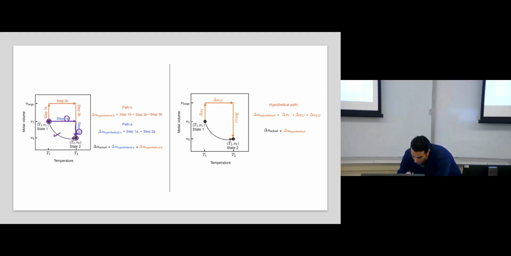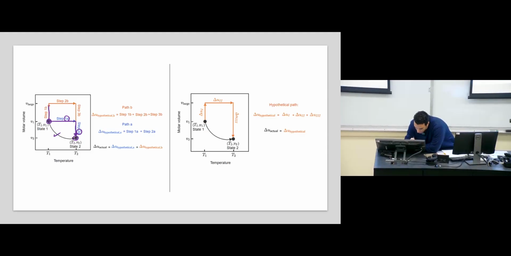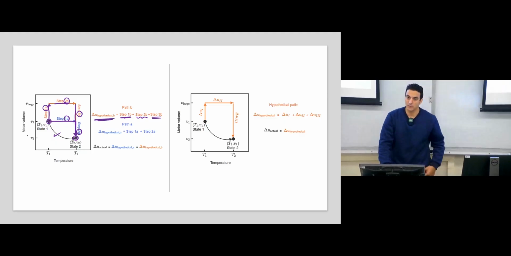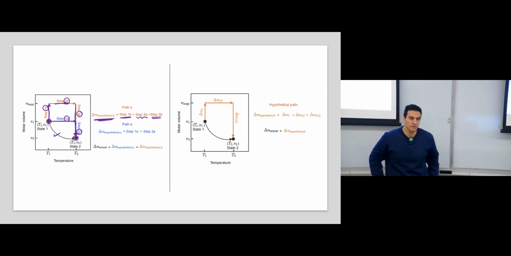Or you can assume I will go this direction, then this direction, then I will go here till the end. So I have 3 steps: step 1, step 2, step 3. Calculate the enthalpy change for each step and sum all of them together, and this will be the enthalpy change for the original path you have. So here we have an idea of hypothetical paths.